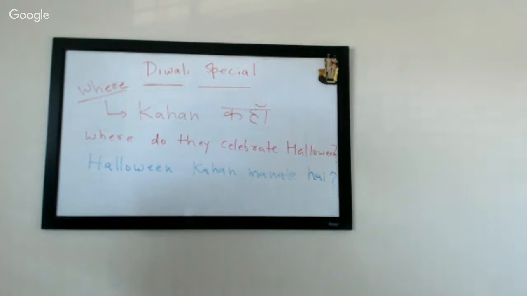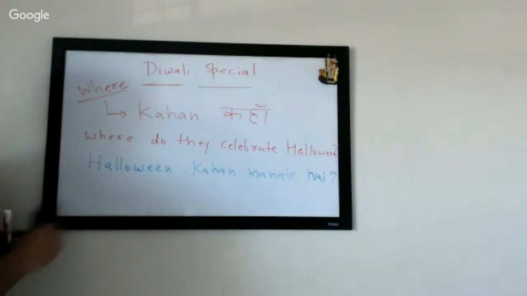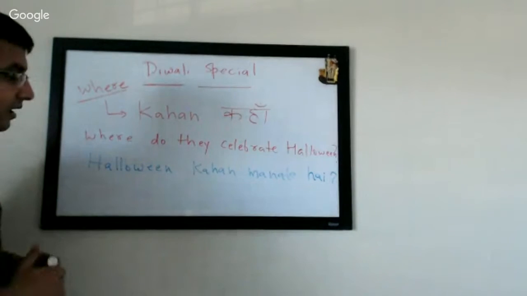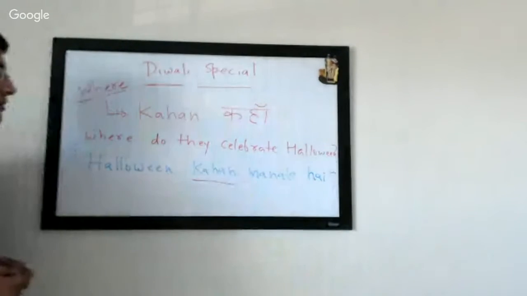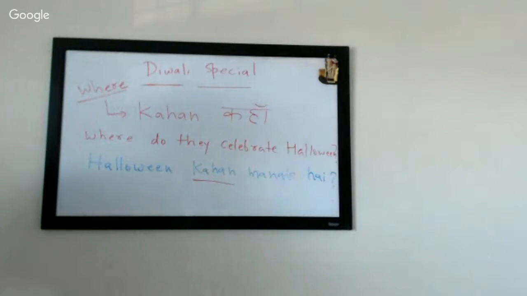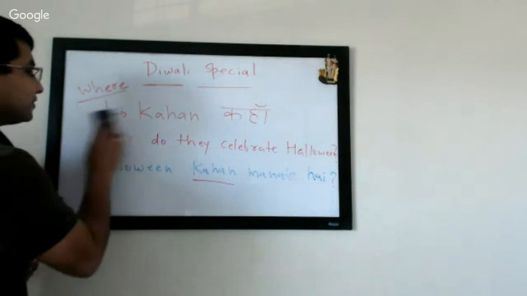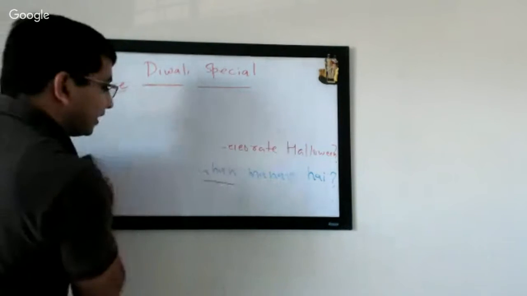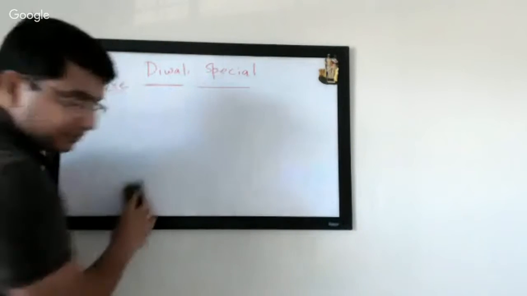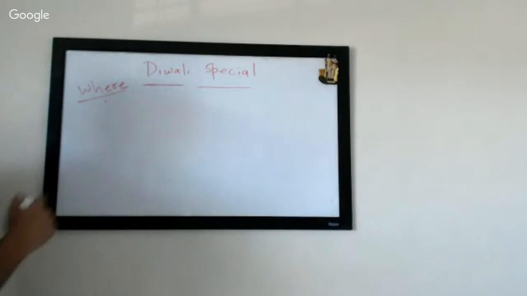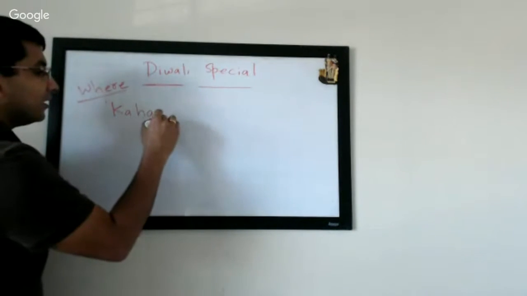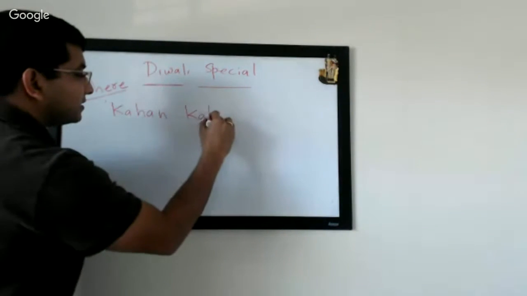So this one is simple. Let's make it a little bit more interesting. So far it's simply kahan. But as you start reading more and more in Hindi script, you'll see that sometimes it is used in a little different way. Sometimes people write or speak kahan, kahan. So they say this thing twice.